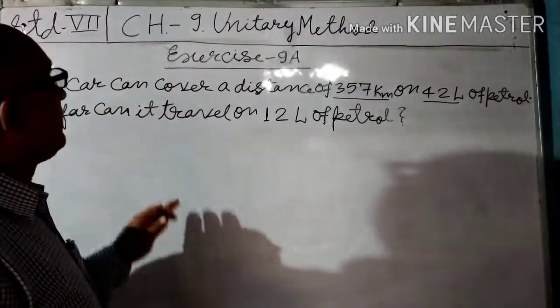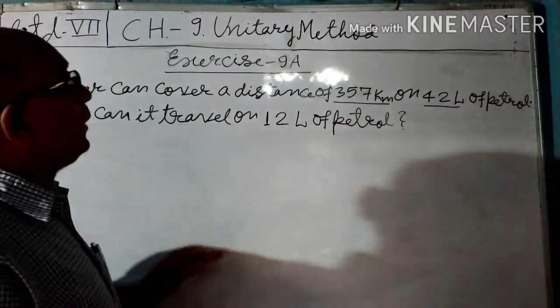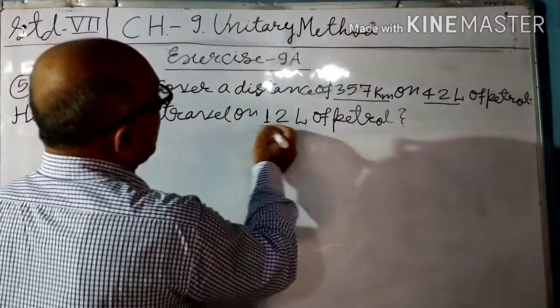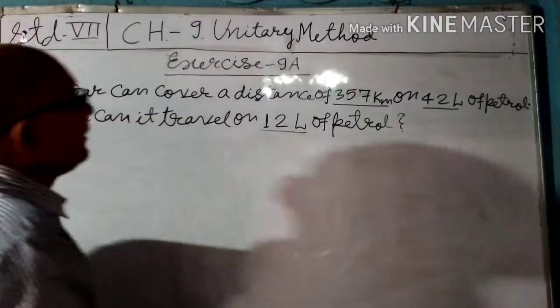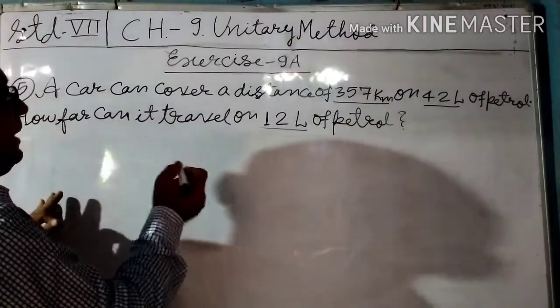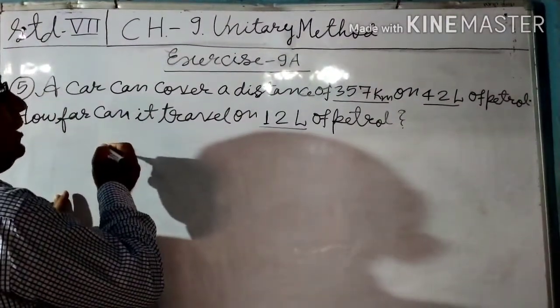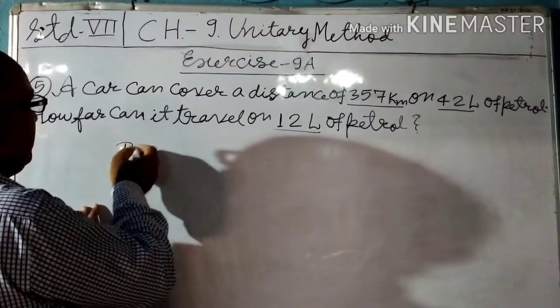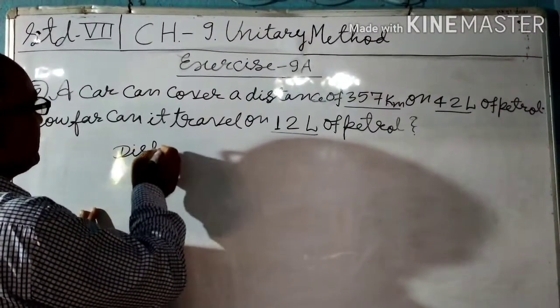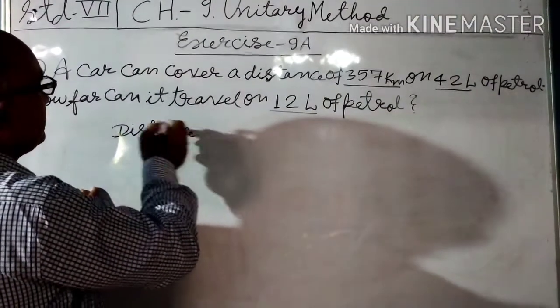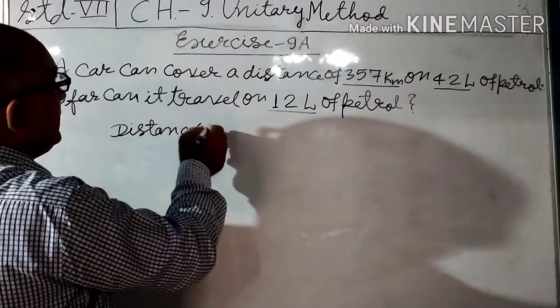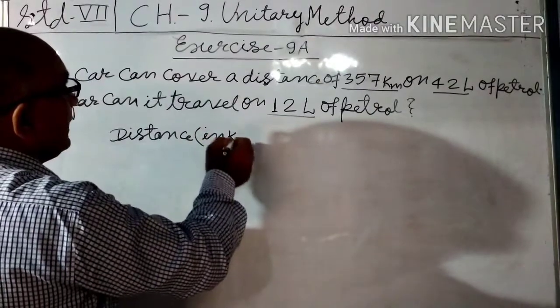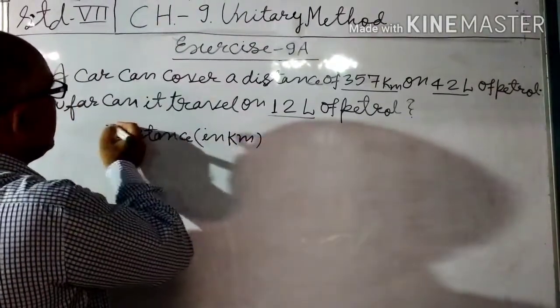How far can it travel on 12 liters of petrol? By direct variation, write first column distance. Unit of distance is kilometer.